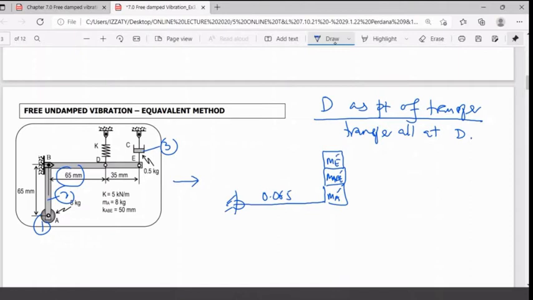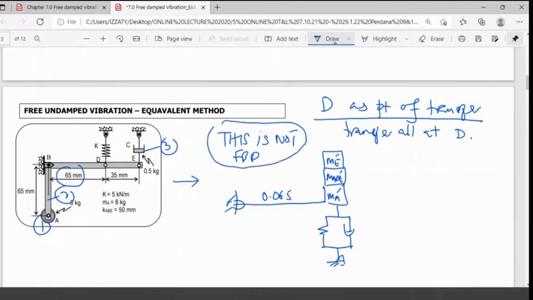Remember, this is not a free body diagram. This is a simplified model of the given model. We simplify those.